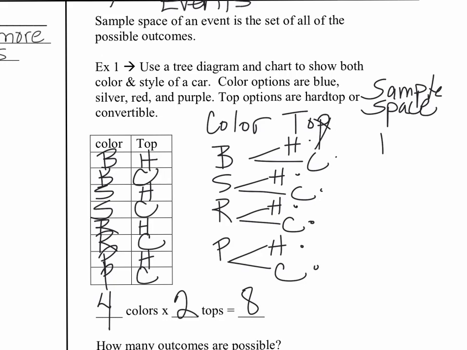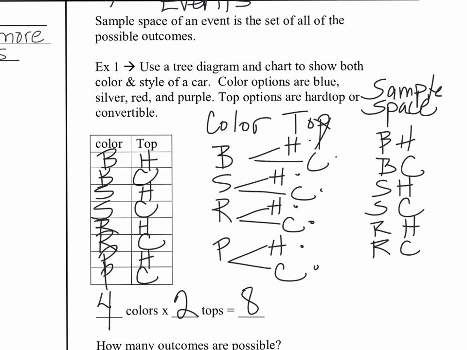You have a blue hardtop, blue convertible, silver hardtop, silver convertible, red hardtop, red convertible, and purple hardtop and purple convertible. Do you count those? 1, 2, 3, 4, 5, 6, 7, 8.